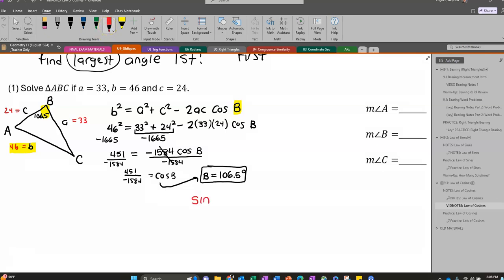So this is going to be sine of B over b, so sine 106.5 over 46 equals sine of A over side a, which is 33.